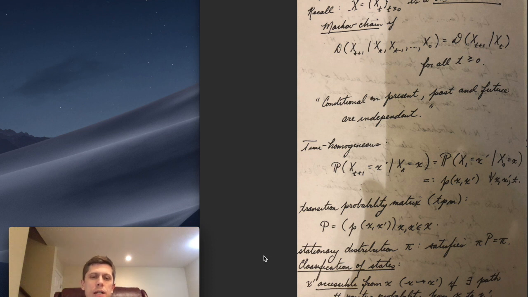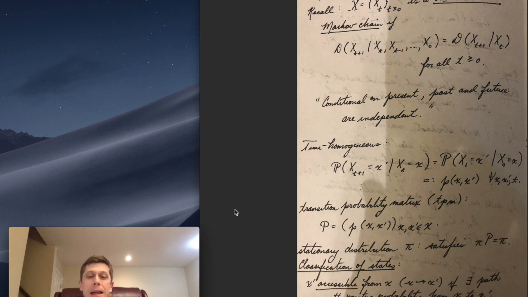So in order to study this analytically, we define different characterizations of the states of the Markov chain. So we said that we have two states, and we said that one state was accessible from another. So x prime is accessible from x. So I write it this way.